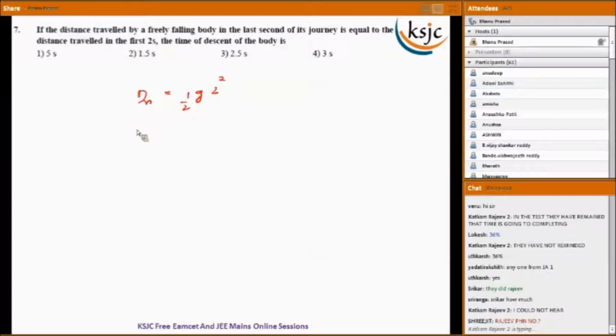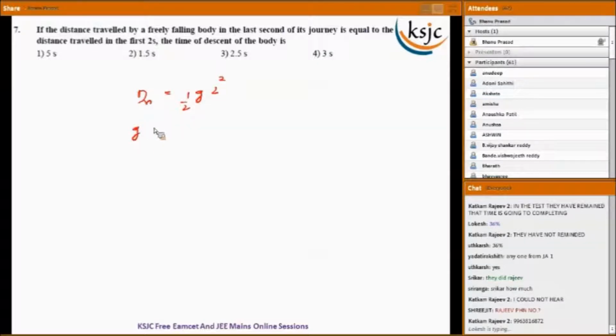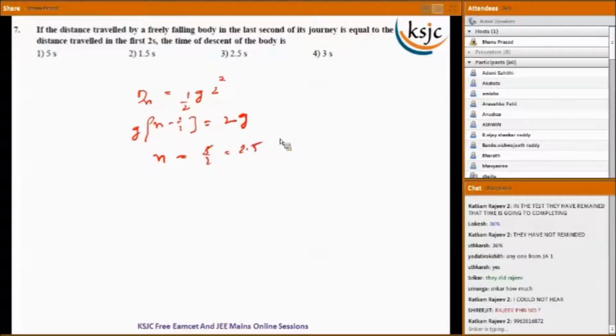Now I can write dn as g into n minus half. This is equal to 2g. Now simplify this for the value of n, which comes out to be 5 by 2, and that is 2.5 seconds.